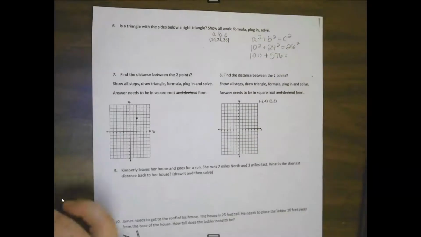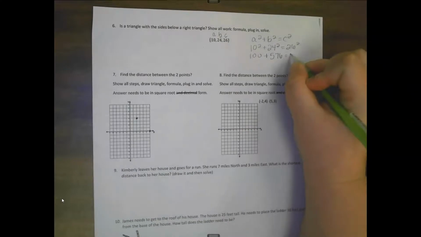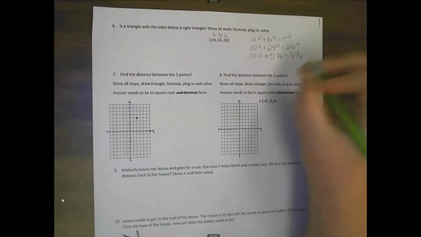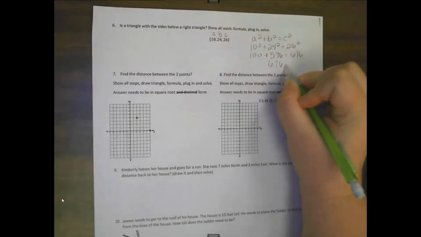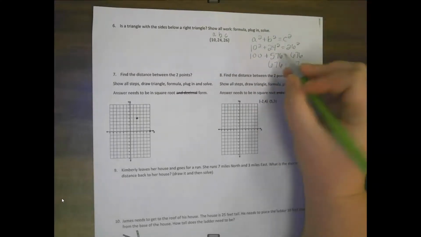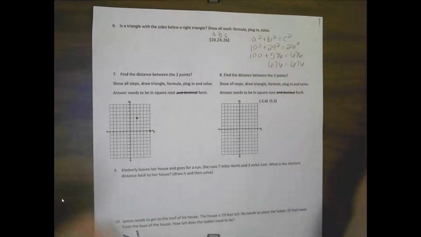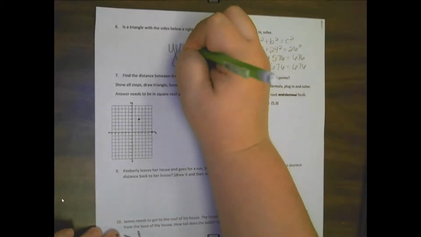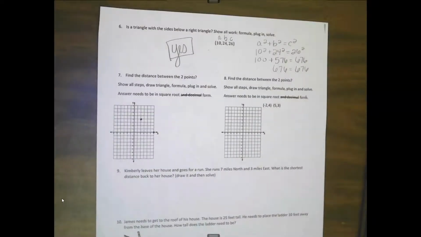And then 26 squared. The squared button on my phone's calculator only shows when I turn it sideways, and I didn't want to turn it sideways, so you can always just do 24 times 24. They equal each other, so yes, this is a right triangle.